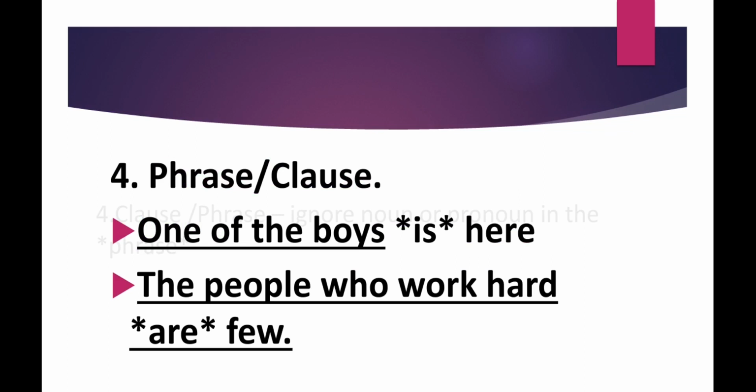So you should question yourself and find out what this phrase is actually talking about, the boys or one of them. So here it's clearly understood, one of them. So we use the verb is, that is singular. Subject one singular, so verb should be singular, is.